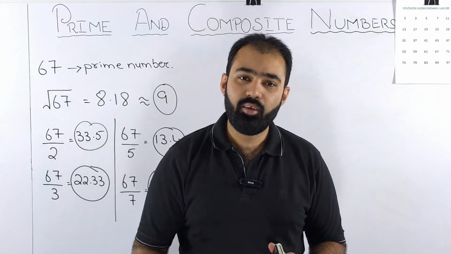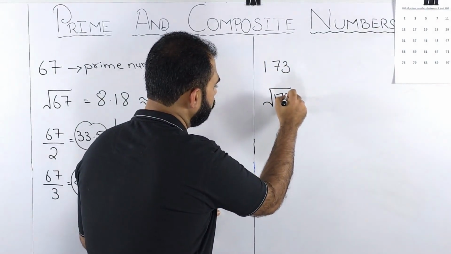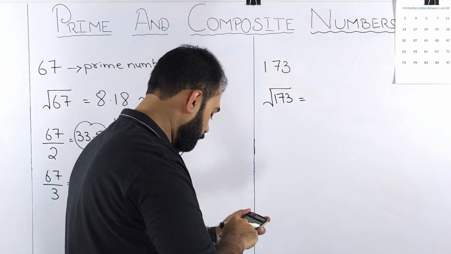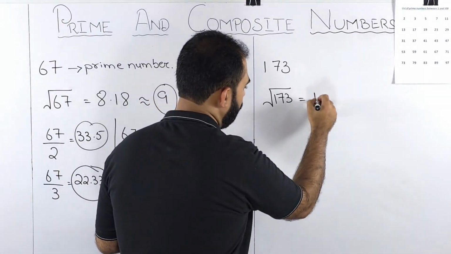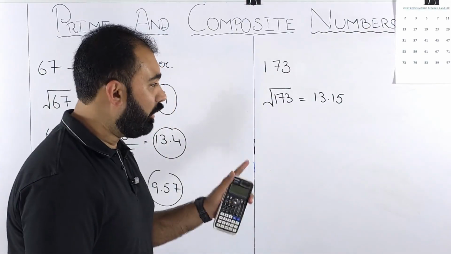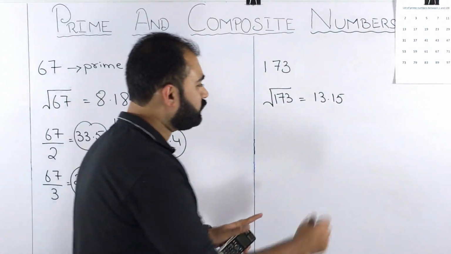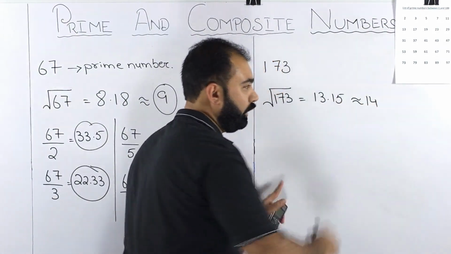In this case, again we will take the root of this number and we get 13.15. I will round it off to the next nearest whole number, that is 14.